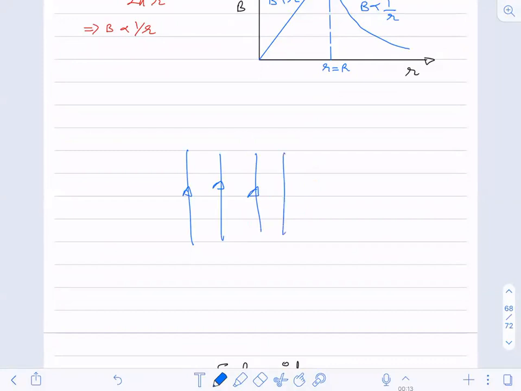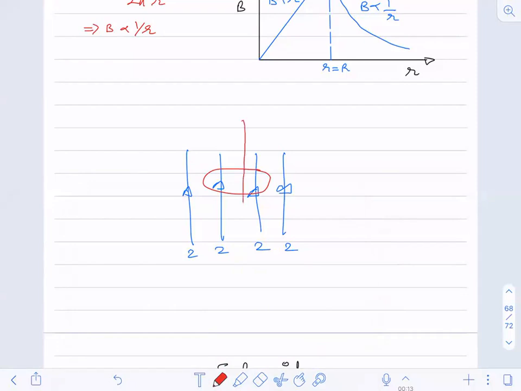This is, suppose, 2 ampere, 2 ampere, 2 ampere, 2 ampere, all are 2 ampere current. Now if I take a loop, what amount of current will this loop contain? 4. Very good.